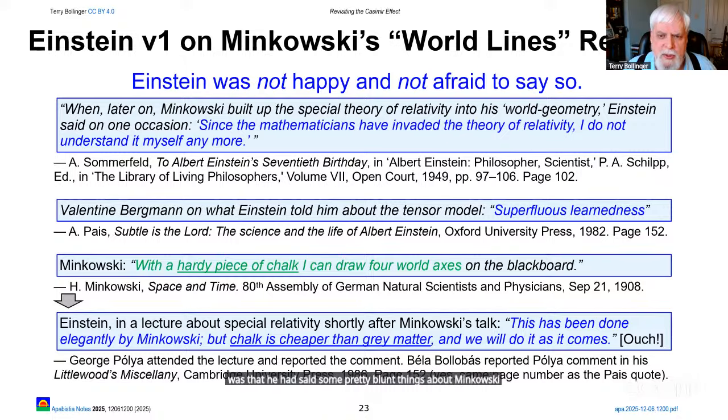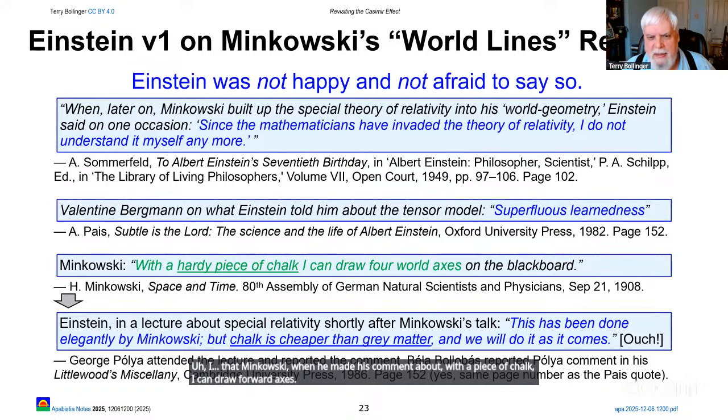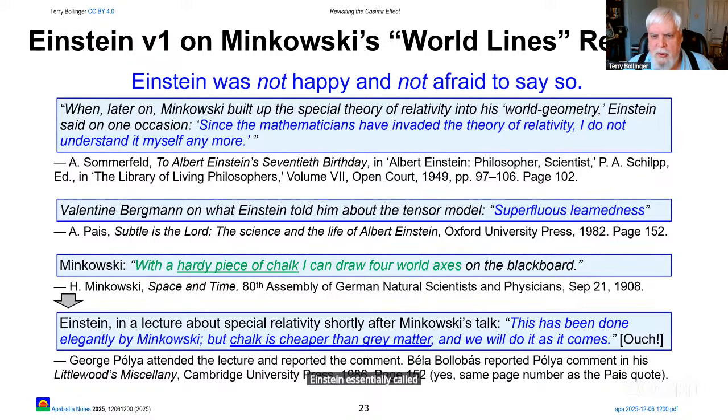Not the most famous one, but the one that I thought was the most pointed was the last one, where Einstein made a casual comment about Minkowski's comment, with a piece of chalk I can draw a forward axis. Einstein essentially called him chalk for brains for saying that. So, ouch! Einstein was not happy with this.